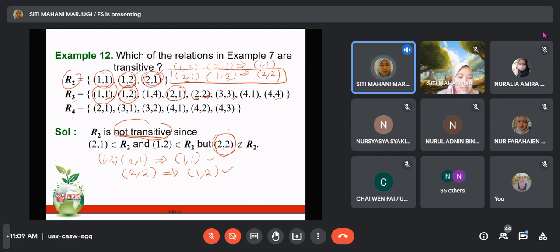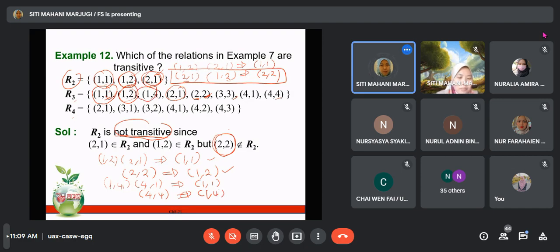Okay, this is fine. Next, we go to (1, 4). Taking (1, 4) and (4, 1), we can imply (1, 1), so we have it here. Another one, (1, 4) and (4, 4), we have the implied (1, 4), which is there.